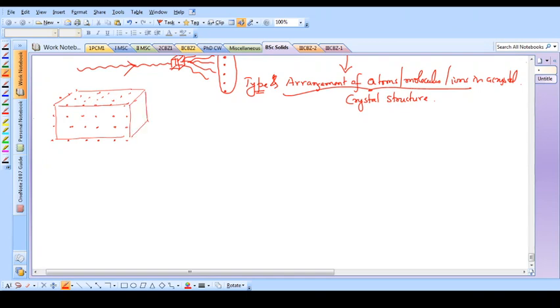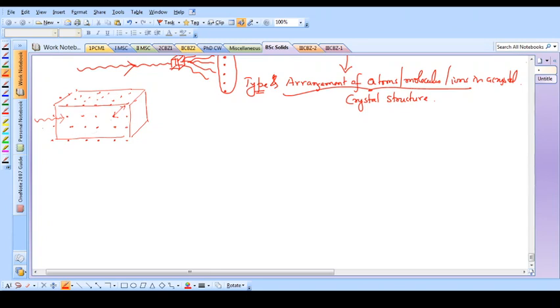Okay, now which light is diffracted by crystals is decided by the distance between the lattice points. So this is the clue for getting the answer.